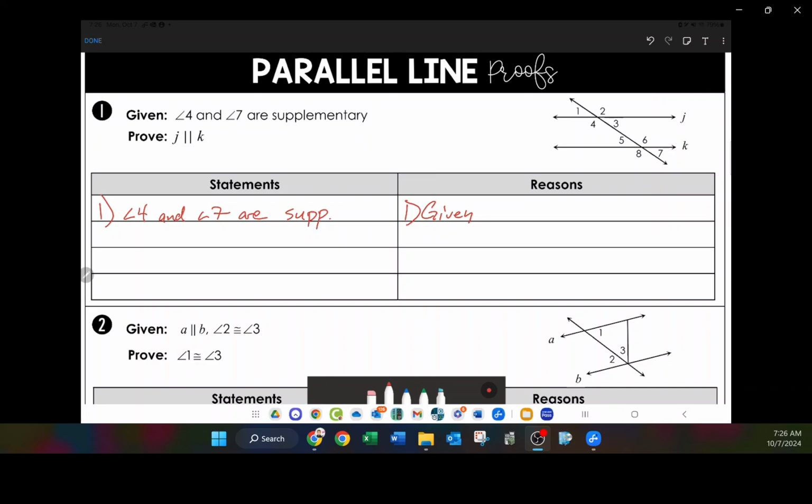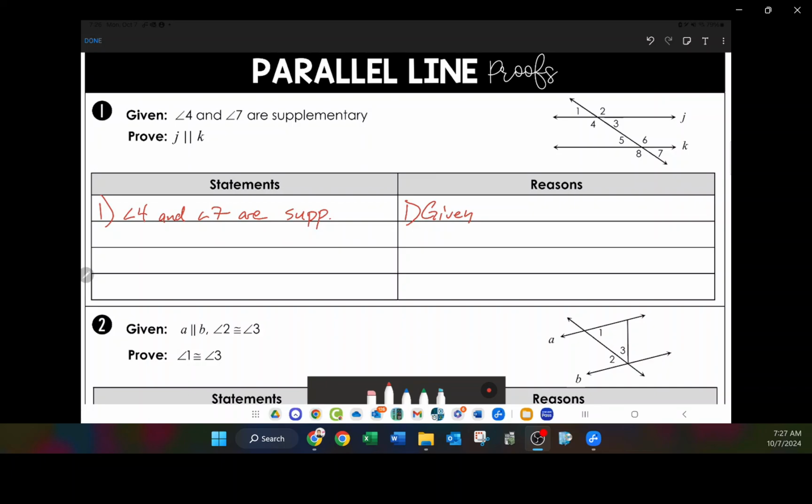We are going to need to use the vertical angles though. So let's look at 2 and 7. What is angle 2 congruent to? Just by the diagram alone, we know that angles 2 and 1 are congruent because of where they are. If the lines are parallel, we could say that because they'd be corresponding, but we don't know the lines are parallel. We're trying to prove that. Yes, 4.